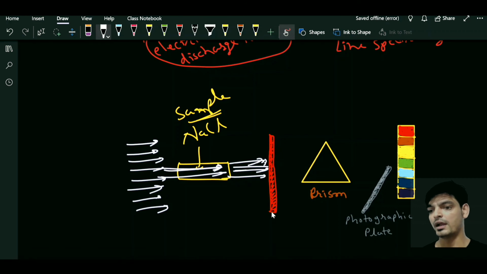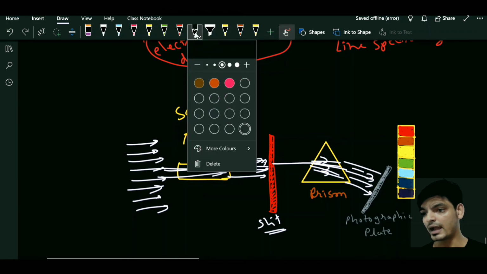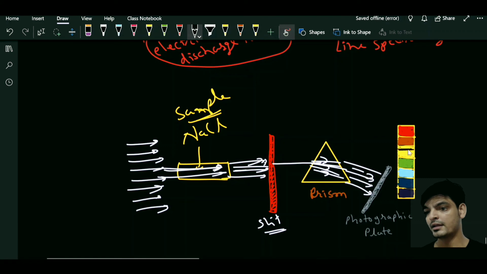And when we pass that light through the slit, and then through the prism, we get different bands on the photographic plate, but on this photographic plate a particular black line we are getting. See here, a particular black line. What does it mean?